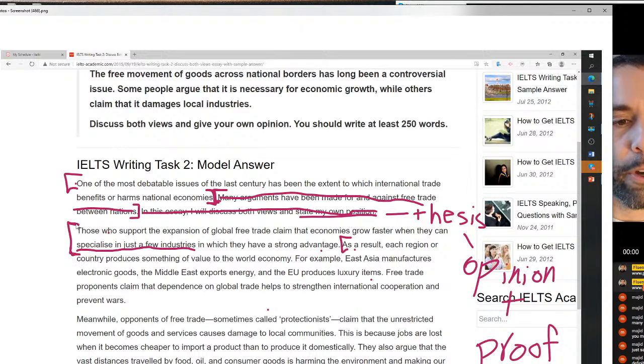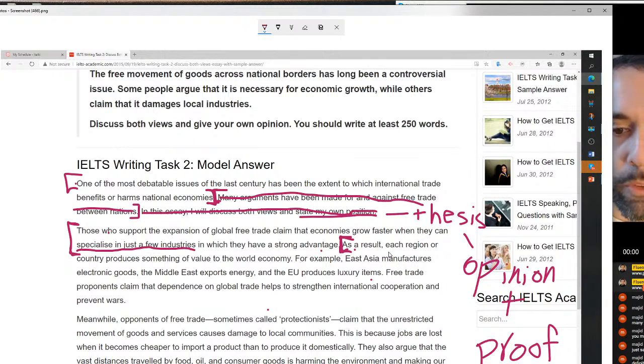But instead of proving this argument, you then move on to "as a result" of this argument. So you've never proven what you're saying. You're just assuming it's true and then moving on. That type of progression in writing is a little bit dangerous because you're assuming that your reader just agrees with you, but you've not given any evidence of what you've said yet. That's a little bit problematic from a transition point of view.